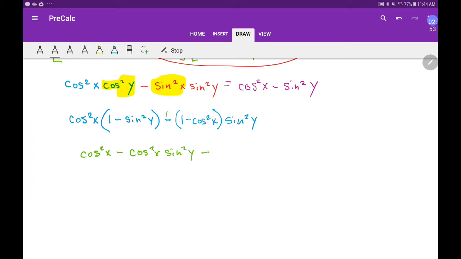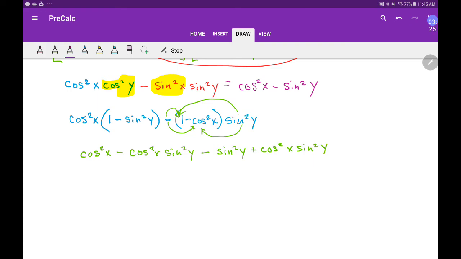minus, so we're multiplying by a negative and also the sine, so I'm going to get sine squared y. And then it happens again, and I'm going to say negative times a negative is a positive times this. So I'm going to get x first would be cosine squared x, and then sine squared y.